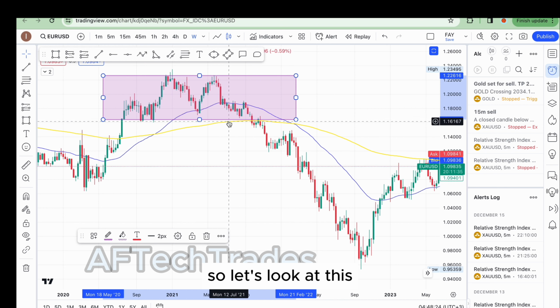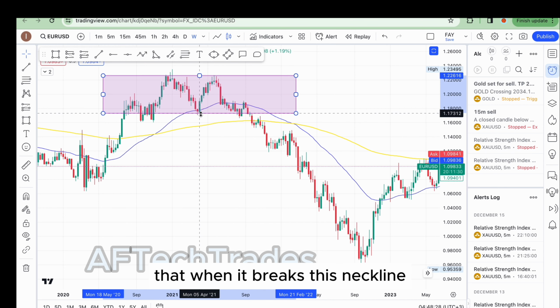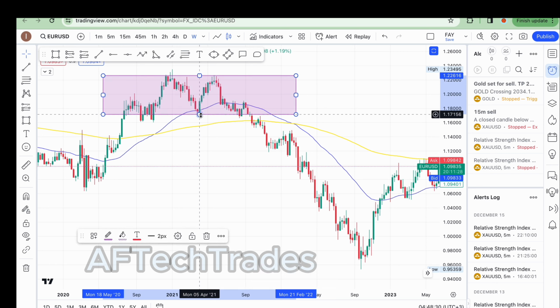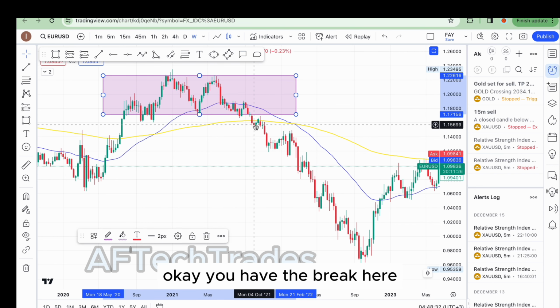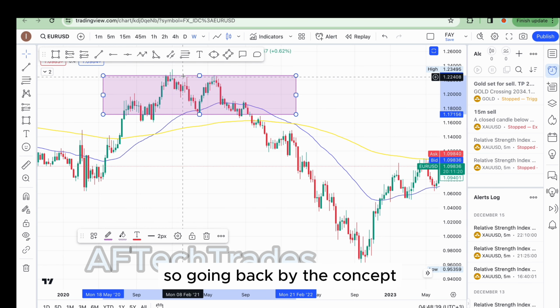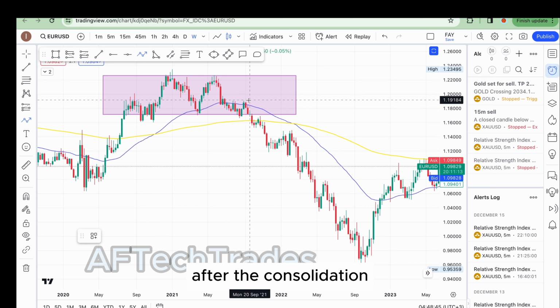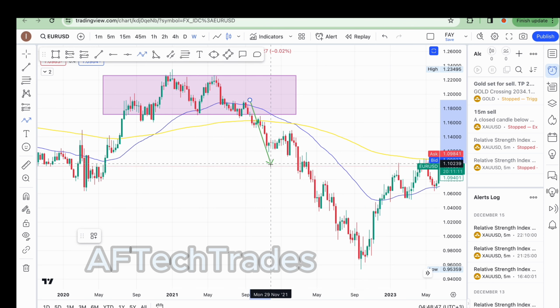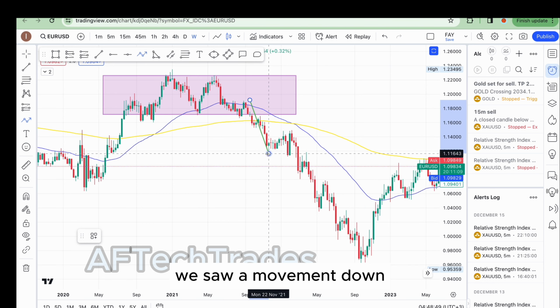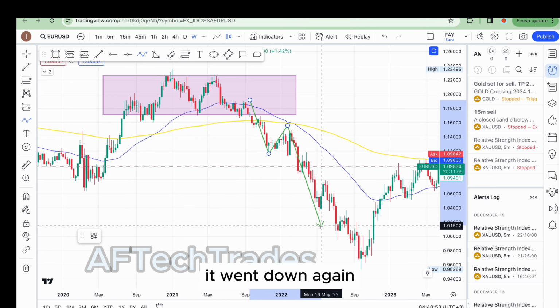Okay, so let's look at this: when it breaks this neckline, what happened? You have the break here, it retested it, then it began its own journey. So going back to the concept which we have described before, after the consolidation we saw a movement down, it came back up, it went down again.